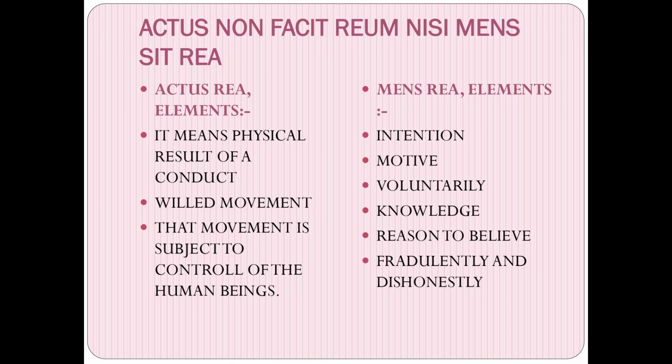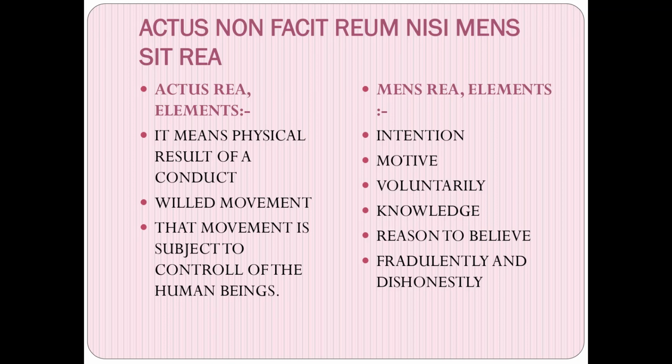And then comes fraudulently and dishonestly. Fraudulently indicates many things, which is the intention in a fraudulent or dishonest manner. So these are all the examples of mens rea. Any of these elements constitute a crime together with the actus reus.